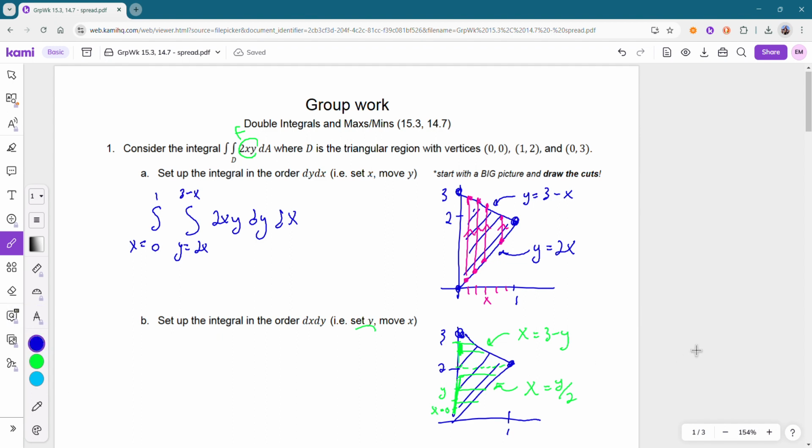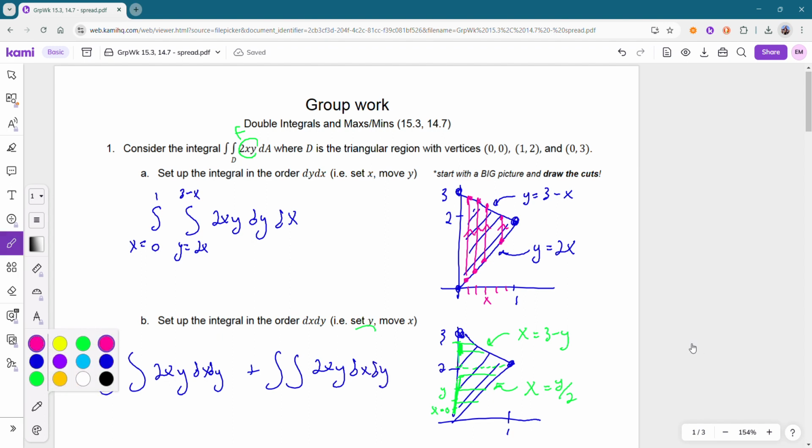So, setting this up, we have our two integrals. I'll just toss this down real quick. And for our bottom chunk, we're always moving x from x equals 0 out to that bottom line, y over 2.